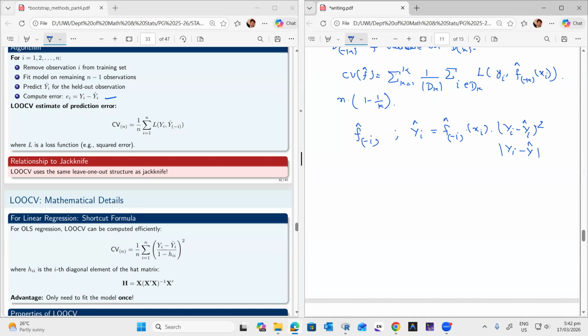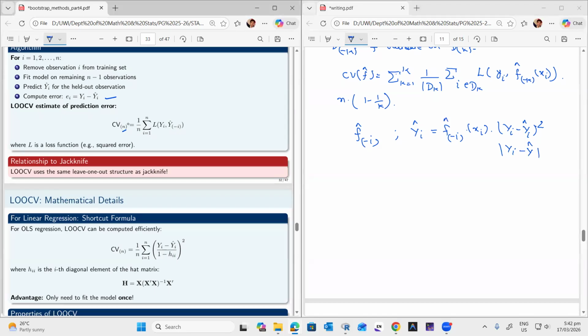So the error ei is a measure of how well the model trained without observation i predicts that observation. All right. So after that, we have the LOOCV estimate of the prediction error. So the LOOCV estimate is the average of the n individual losses. Here the subscript n indicates it is based on leaving out one observation at a time.